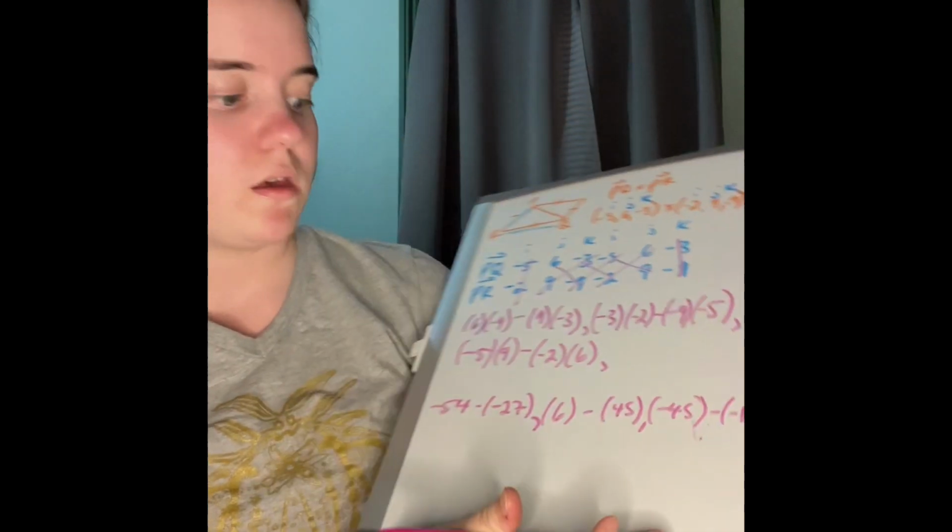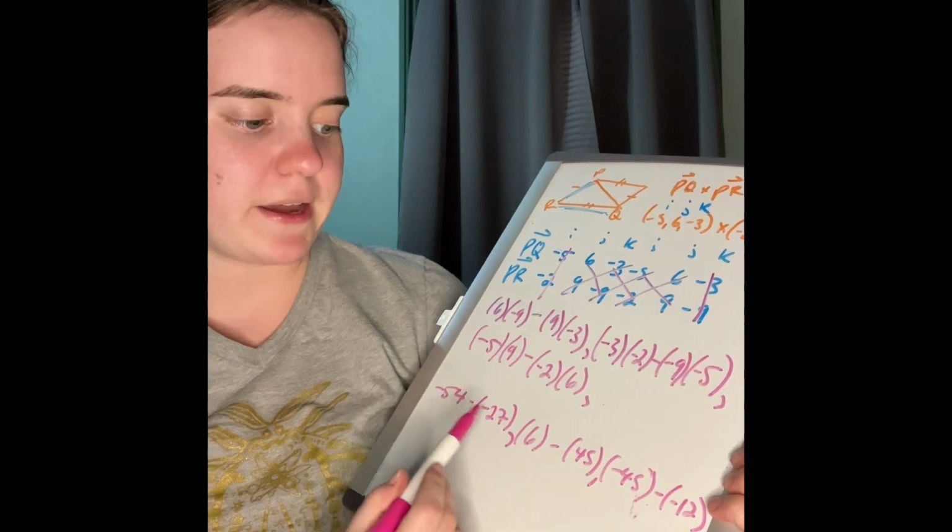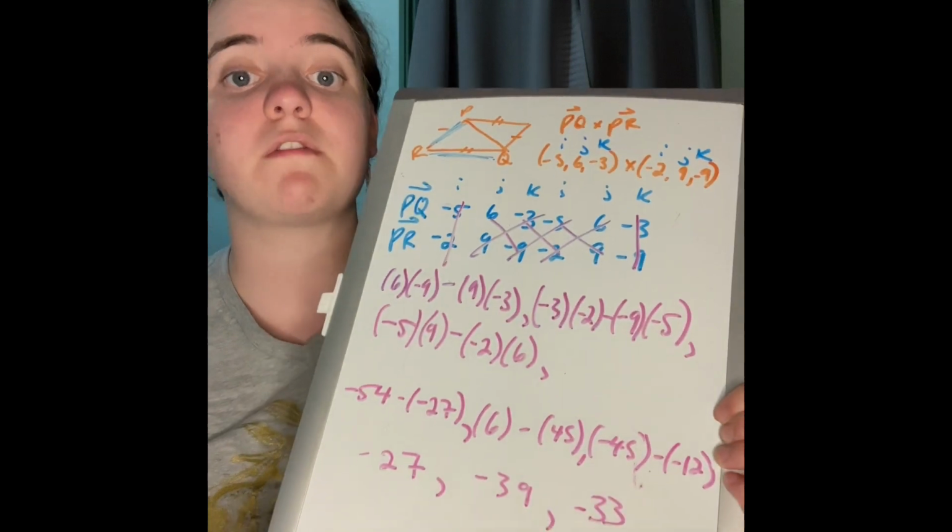So we end up with -54 minus 27. So they each have been multiplied. Now they just need to be subtracted. So -27, -39, and -33 is our new set of values.